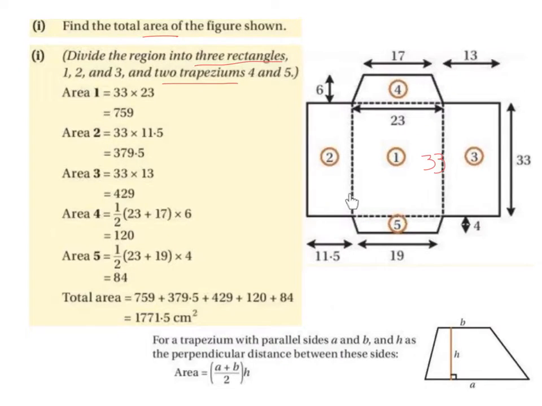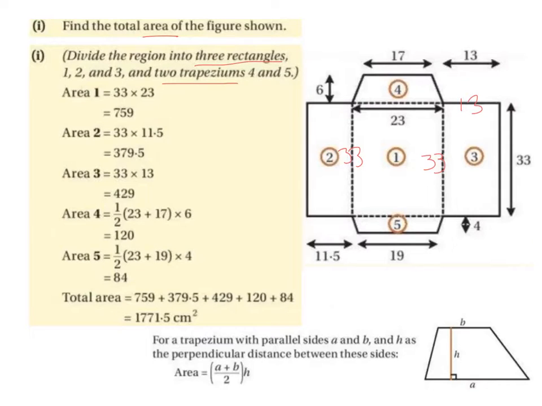So it's going to be 33 multiplied by 11.5. And 33 times 11.5 is 379.5 centimetres squared. The area of rectangle 3 is going to be 33 multiplied by 13, which gives us 429 centimetres squared.